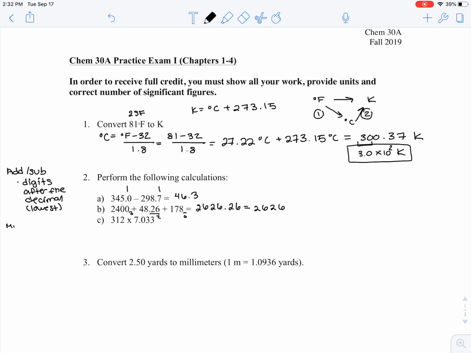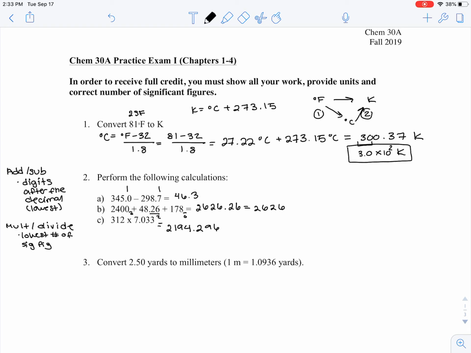Now, when you multiply or divide, you want your answer in the lowest number of significant figures. So first, you take your 312 and multiply it by 7.033, and you get 2,194.296.